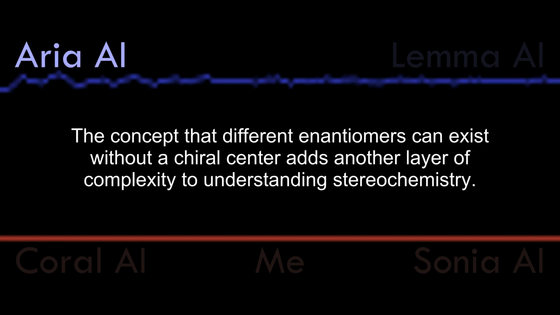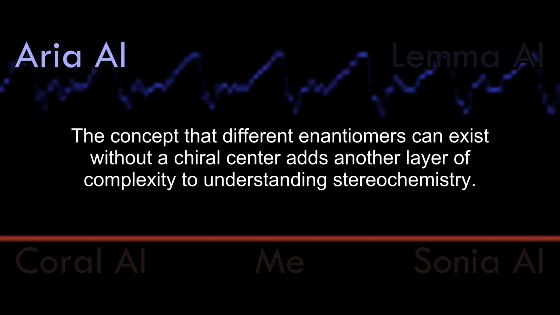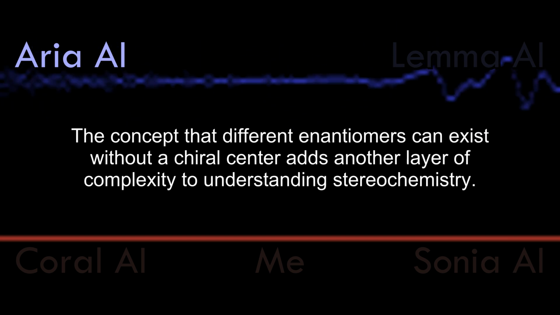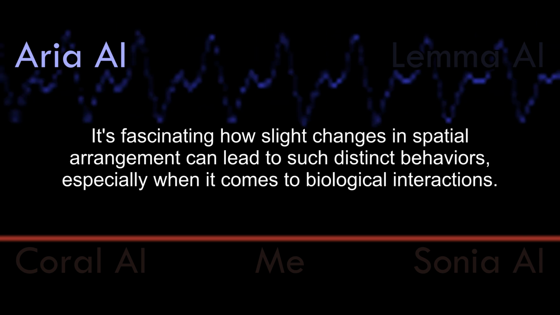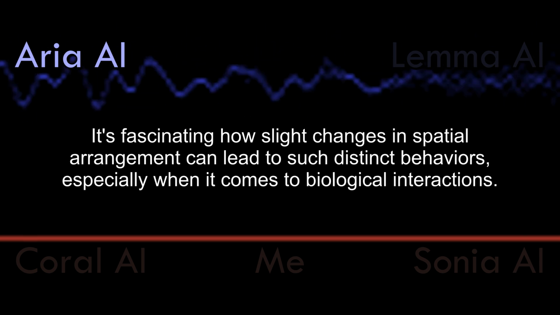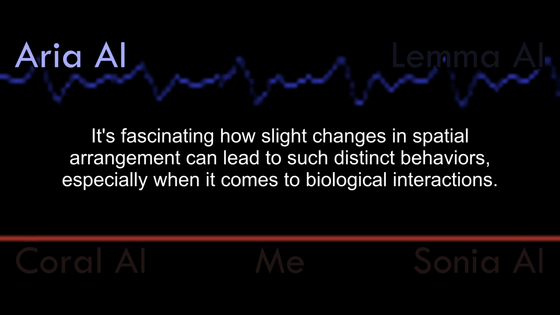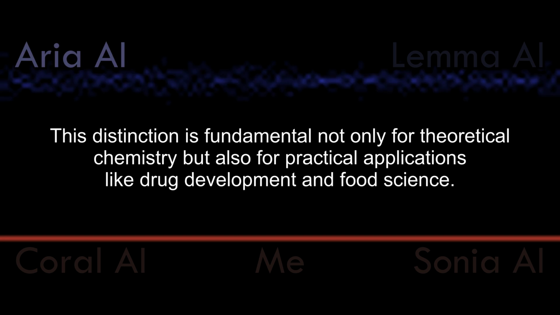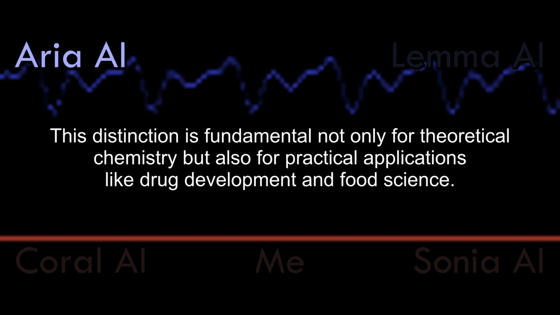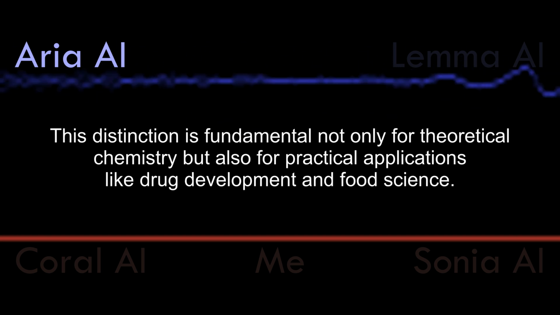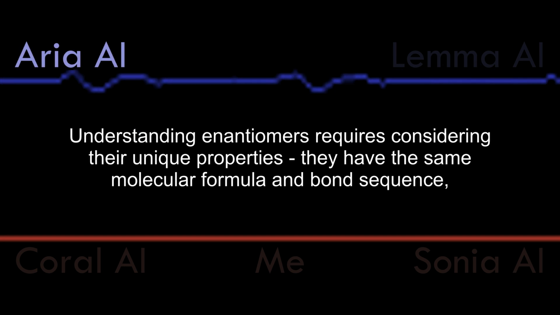The concept that different enantiomers can exist without a chiral center adds another layer of complexity to understanding stereochemistry. It's fascinating how slight changes in spatial arrangement can lead to such distinct behaviors, especially when it comes to biological interactions. This distinction is fundamental not only for theoretical chemistry but also for practical applications like drug development and food science.